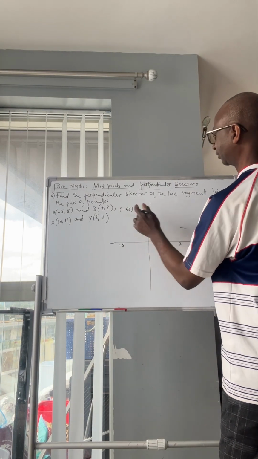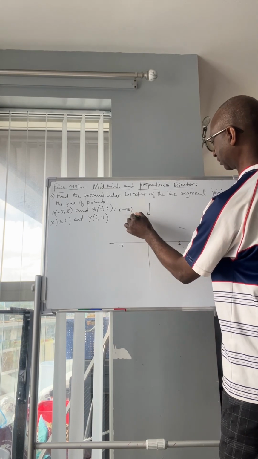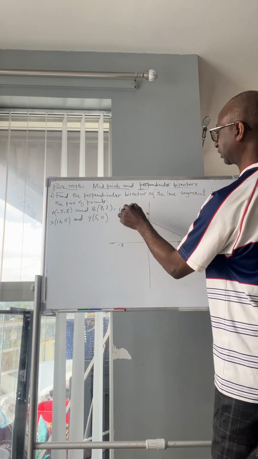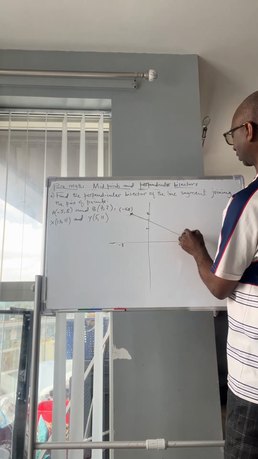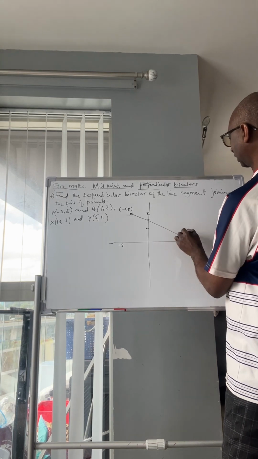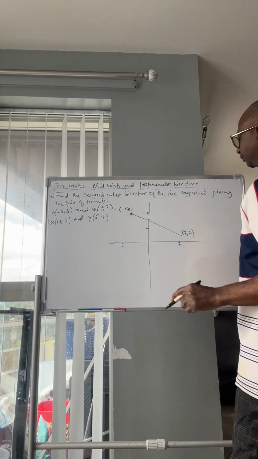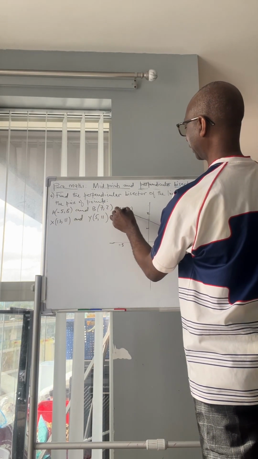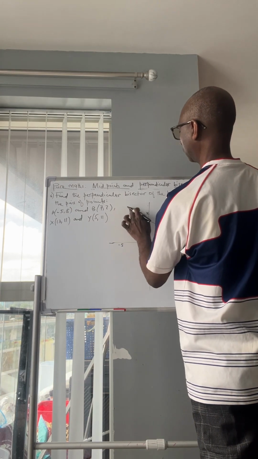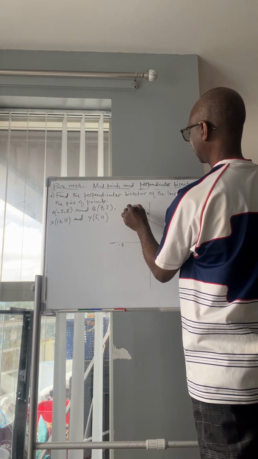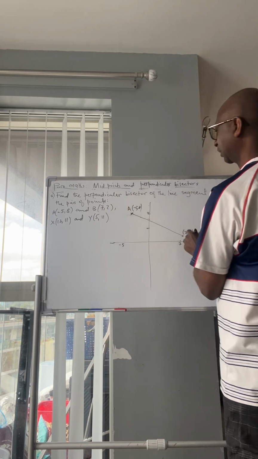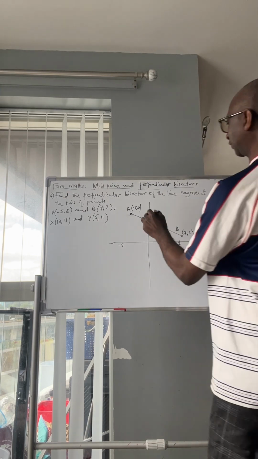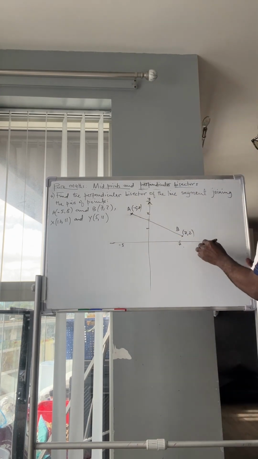It's got to be something like this. So this is our A, (-5,8), and this is B, (7,2), just to give a brief sketch with y and x.